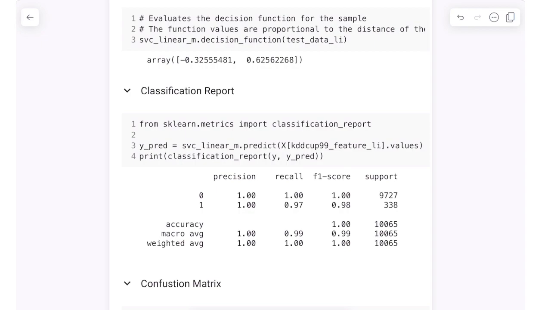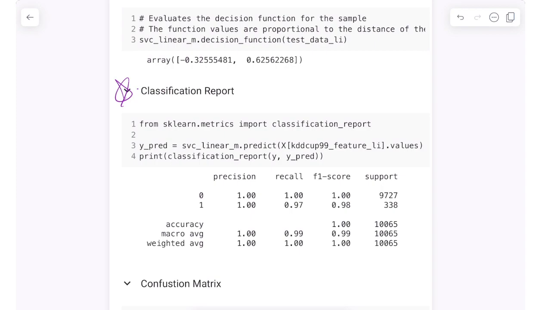Okay, so the next topic I want to talk about is the classification report. Let's take logistic regression and SVM, for example. They are both algorithms for classification, but the concepts are a little bit different.